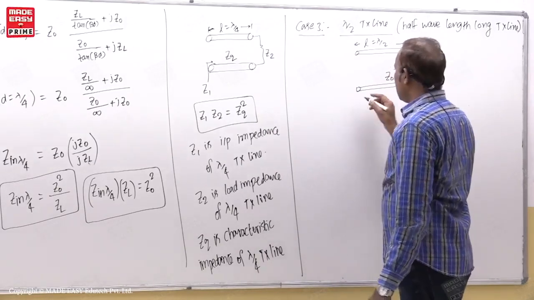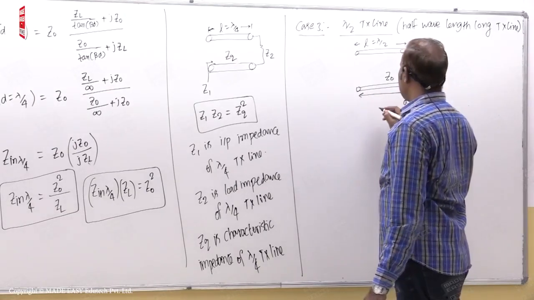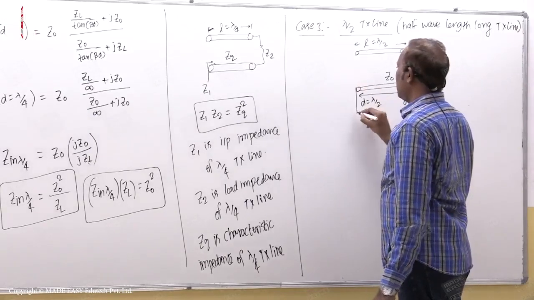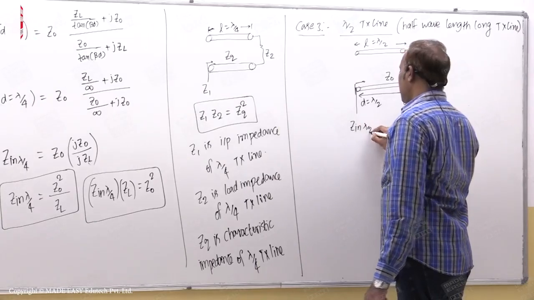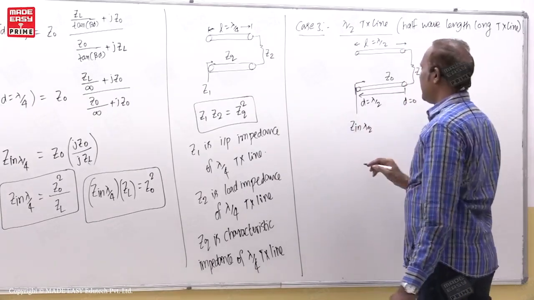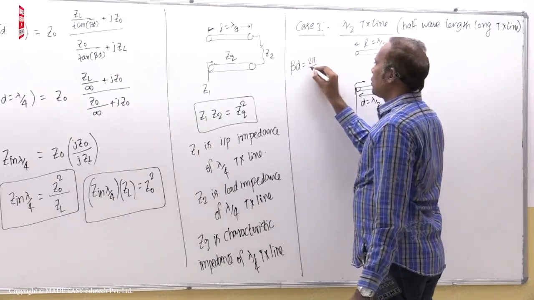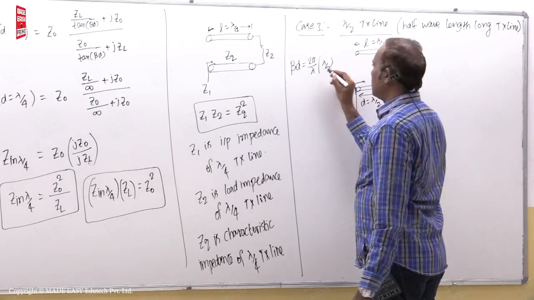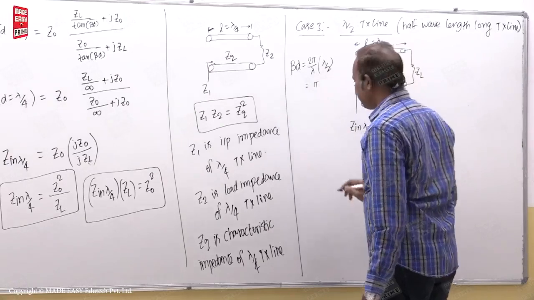Now d is equal to 0 means at load, d is equal to lambda by 2, and this is Zin of lambda by 2. Now beta d is equal to 2 pi by lambda times lambda by 2; lambda cancels, 2 cancels, you get pi.